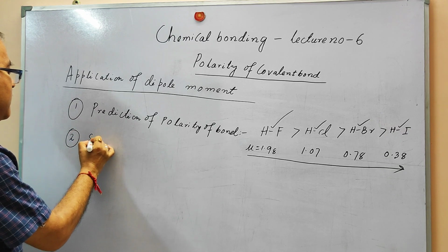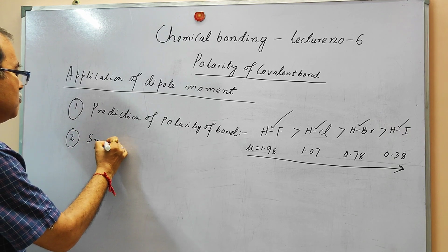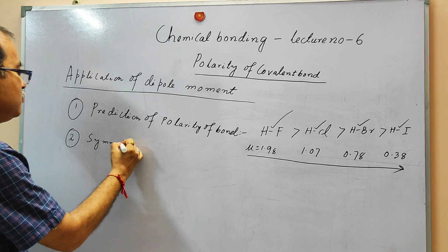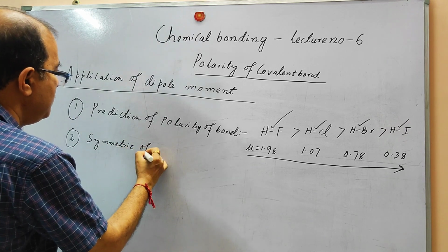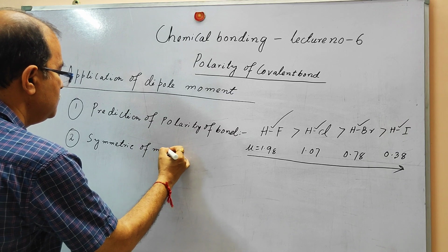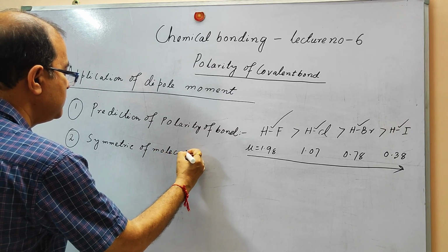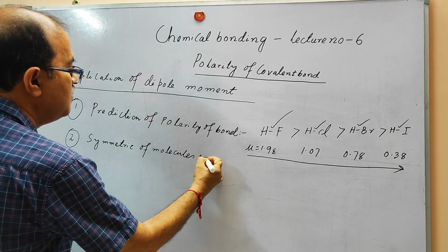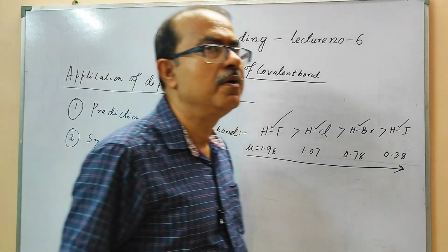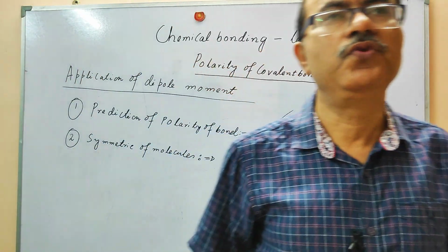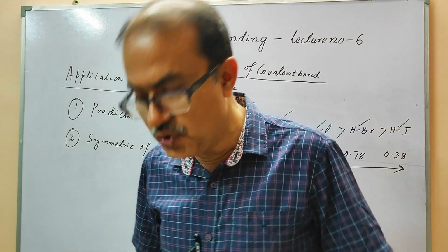Second thing, we can also say something about the symmetry of the molecules. Symmetry of the molecules can be assessed by the dipole moment also. Some molecules have a dipole moment of 0.